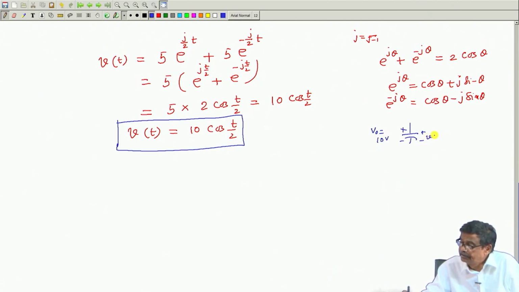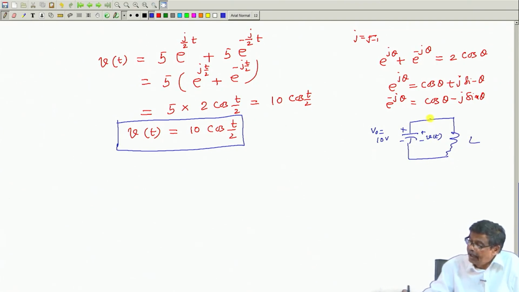At any time the voltage is V t, and this is L, and this is your I t. Now, in this circuit, at the end the voltage and current, whatever you solve for, should be real. Why should they be imaginary? In fact, complex numbers will never betray you in that way.